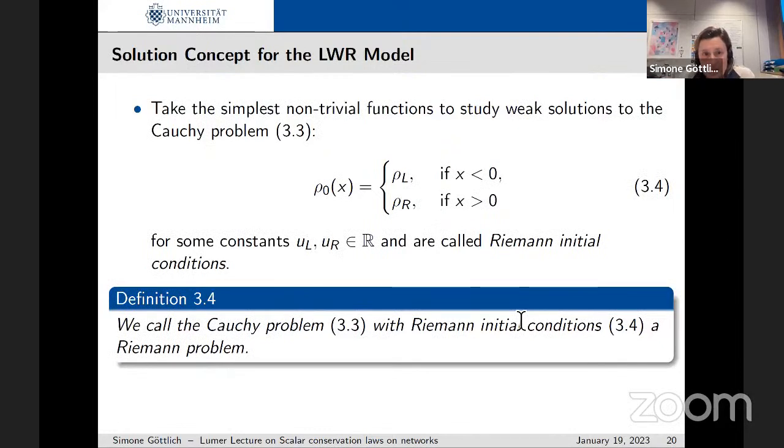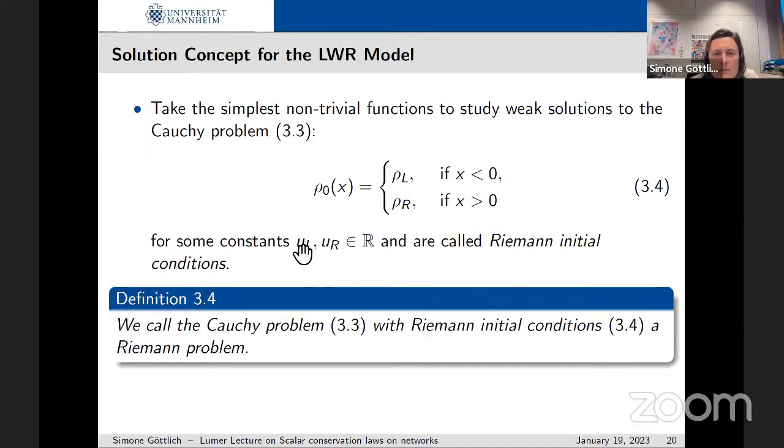What's very important in this kind of equations is to consider special problems to study these weak solutions that might occur. The simplest non-trivial functions to study weak solutions are initial values given by two constants, rho L and rho R, in the case that these are piecewise constant functions defined on this spatial domain.